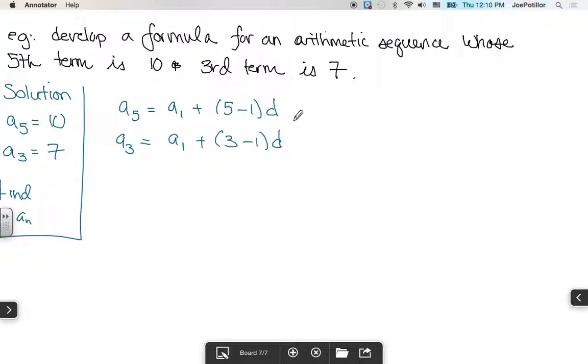Which develops a system of equations. Simplifying all this, we end up with a1 plus 4d is equal to 10, and a1 plus twice d is equal to 7.